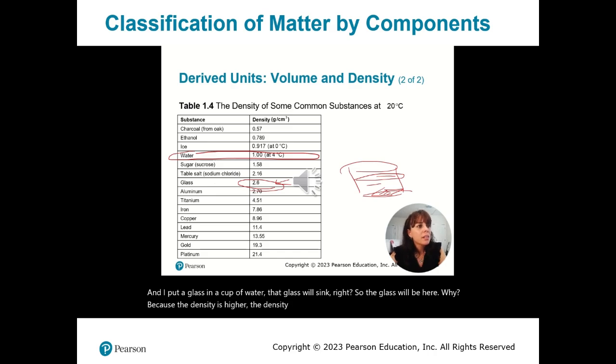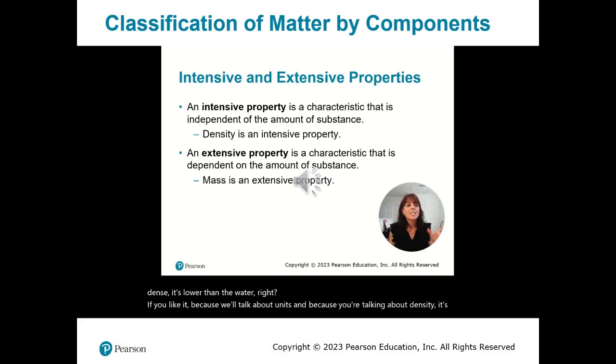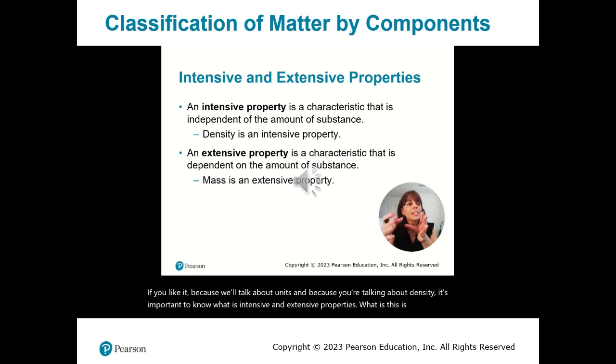But if I get this charcoal over here and I put it in the water, it will float because its density is lower than water, right? And because we're talking about units and density, it's important to know what intensive and extensive properties are. An intensive property is a characteristic that is independent, meaning it does not depend on the amount of the substance.